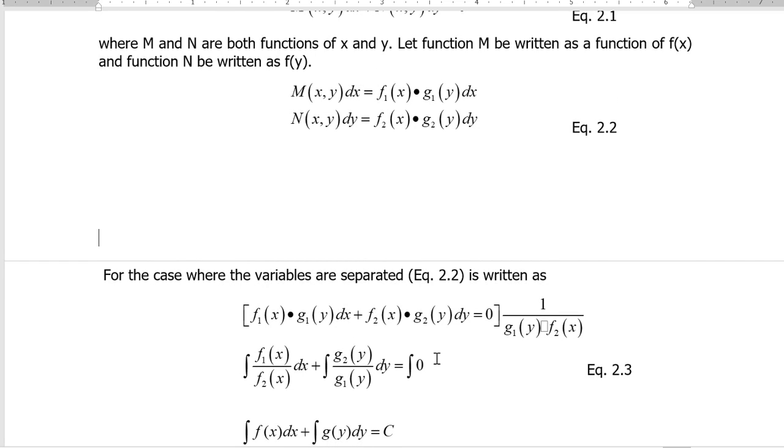Then we will divide or multiply by 1 over something. This is the first term of the equation, the left side, and this is the second term. They are separated by either plus or minus, depending on the given.